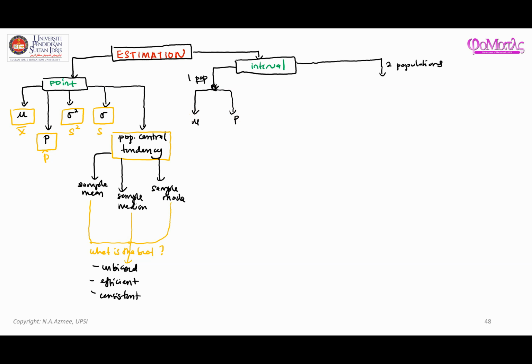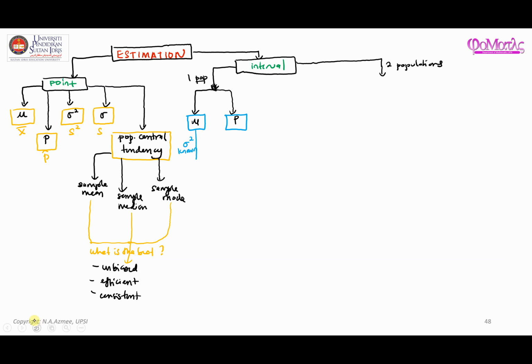So mu and p. This is mu, and this is for population proportion. Now for mu, you need to further consider whether the population variance sigma squared is known or whether it is unknown.